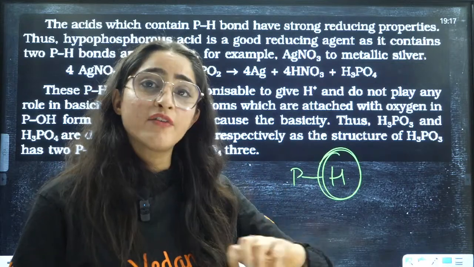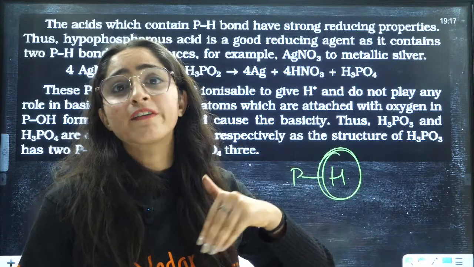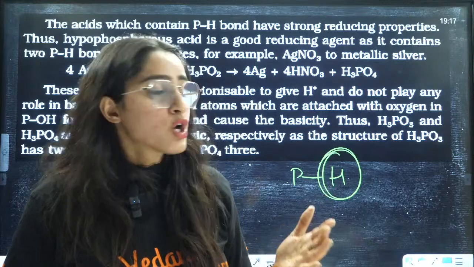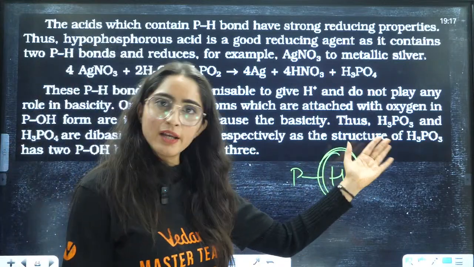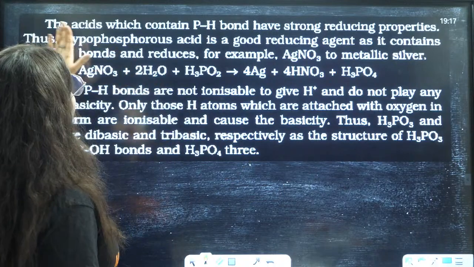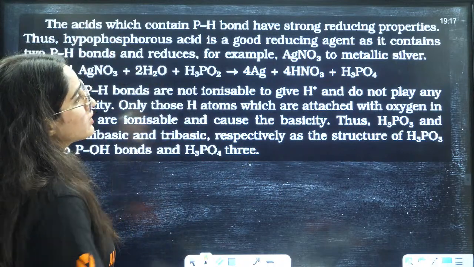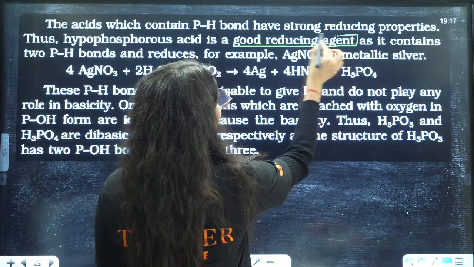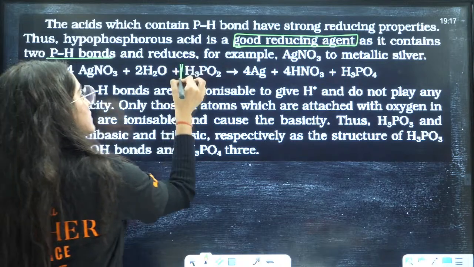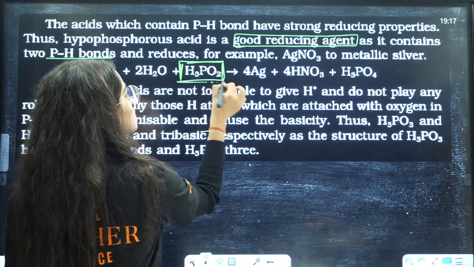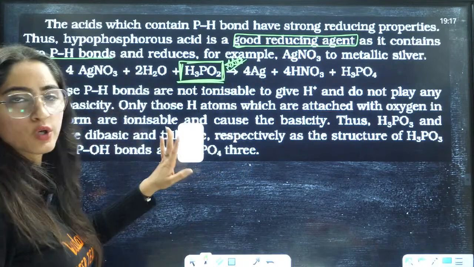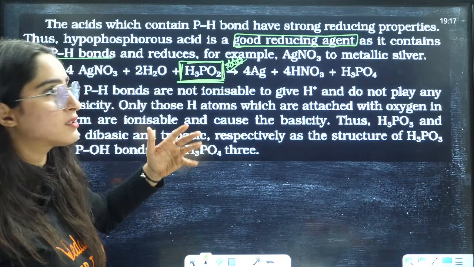If someone has good reducing power, they themselves get oxidized. Oxidation means the removal of hydrogen. So if they have a P-H bond, they can remove hydrogen. Hypophosphorous acid is a good reducing agent as it contains P-H bonds. That is why we have used this in organic chemistry as a good reducing agent in so many things.